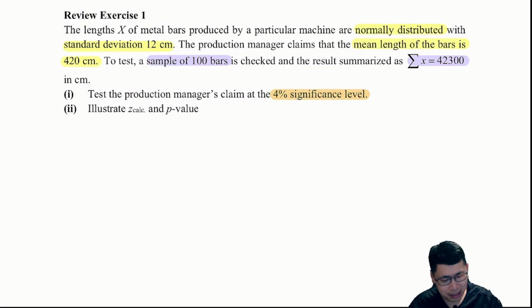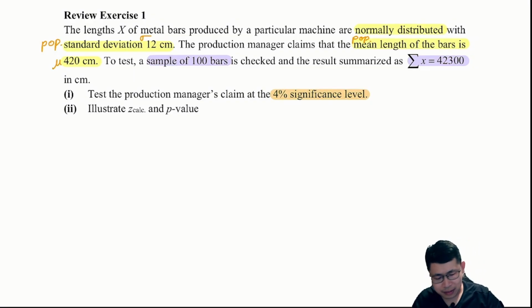Let's mark out here: normally distributed, very nice. Standard deviation refers to our population standard deviation because they are talking about this in general, so this is small sigma. The mean length of the bars is 420, so this refers to the population mean length of the bar, and this one is actually our mu. Mu is 420.